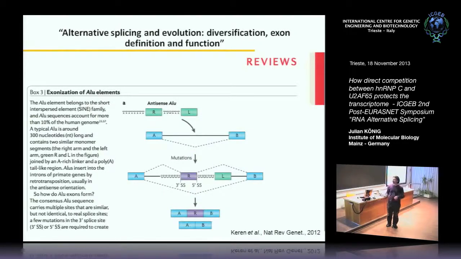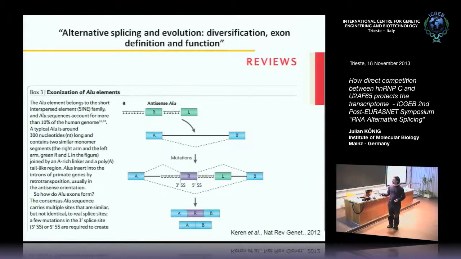But then again, there are only a couple of these already exonized Alus, while there are hundreds of thousands of Alus within introns, and they also have the potential to become exons, and hnRNPC could be involved here.